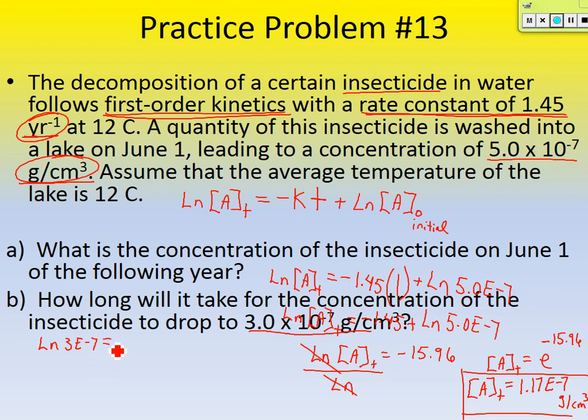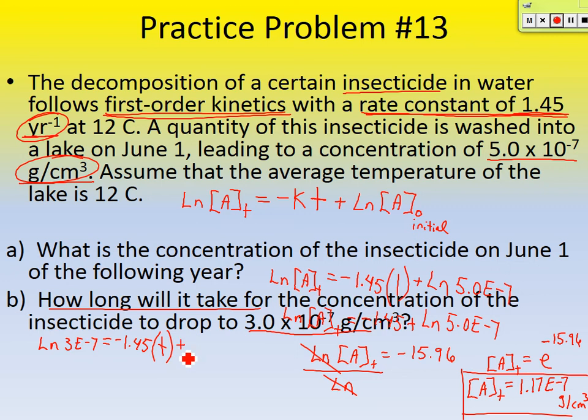We're going to set that equal to a minus k. Does the rate constant, is that still the same? Yeah, it's constant. So 1.45, but we've got to remember the negative sign, 1.45. Times, now do we know t? In this case, we don't know what t is. It says how long will it take? So we're going to solve for that.